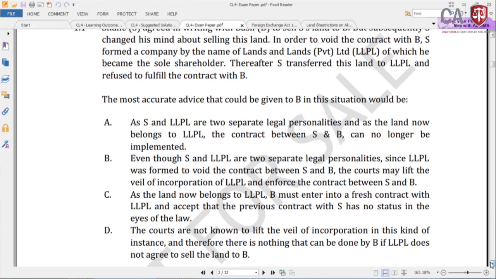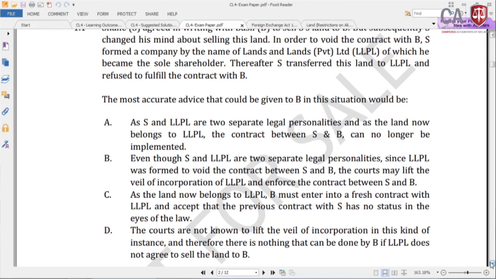Secondly, answer B, even though Shane and LLPL are two separate legal personalities, where Shane is a natural person and LLPL is a legal person, since LLPL was formed to void the contract between Shane and Basil, the courts may lift the veil of incorporation of LLPL and enforce the contract between Shane and Basil.